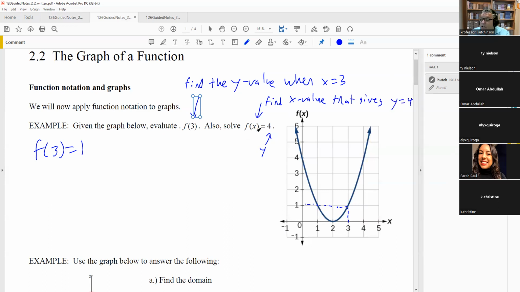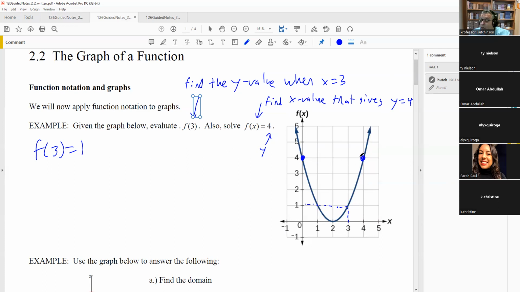Okay, so that's what that means here. Find the x value that gives a y value of 4. Well, if I look at the y value of 4, there's actually two places on the graph where I have a y value of 4. Two places here. That's where the graph crosses at 4.